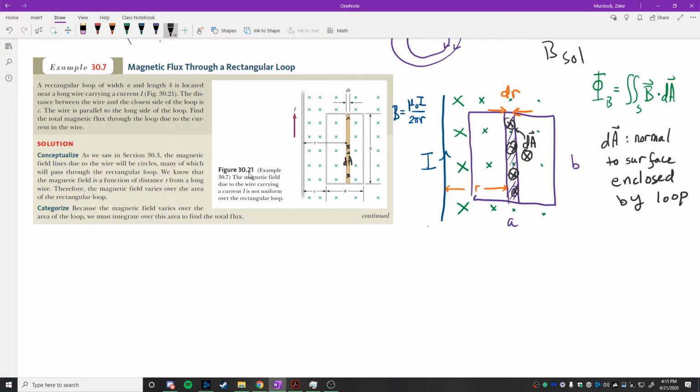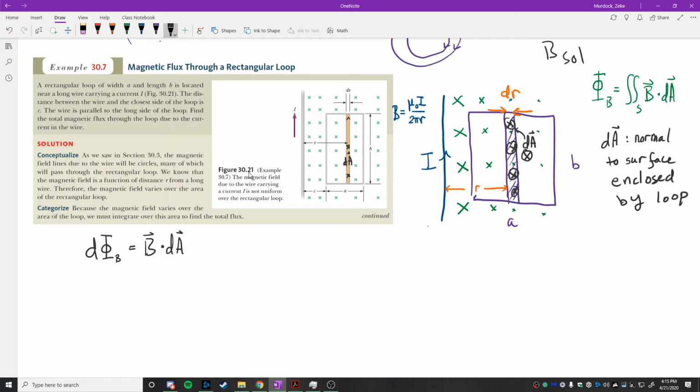So what we can do now is say, through that one little area, there's going to be some magnetic flux, and it's going to be equal to B dot dA. We're not going to do the integral first because I think the integral can be very complicated.